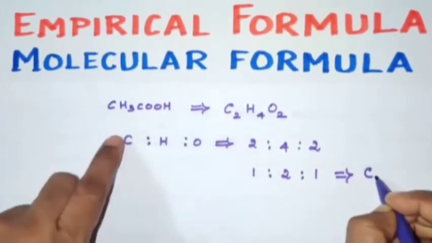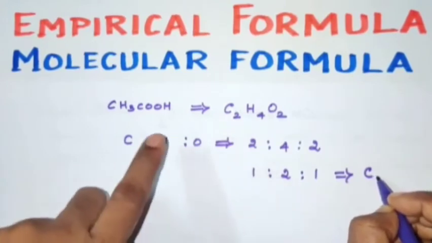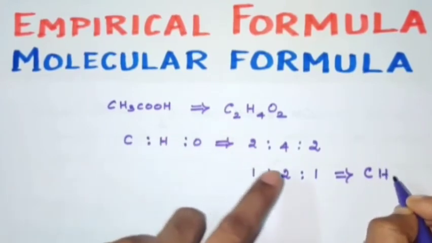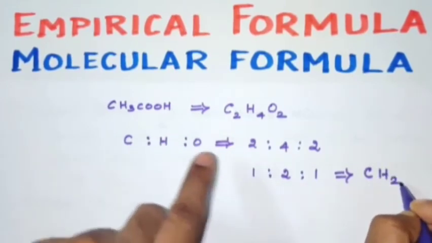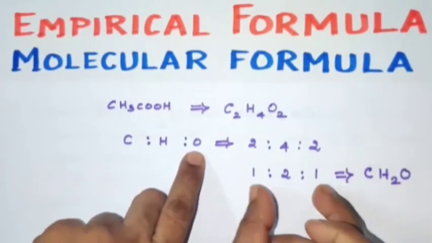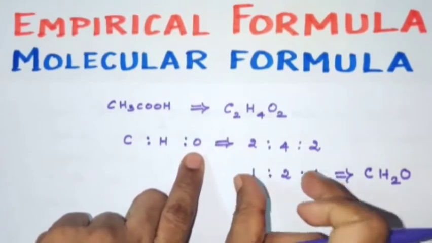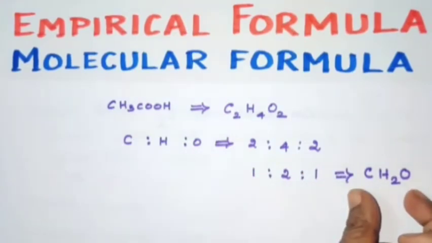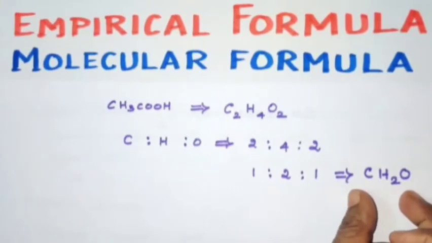First atom is carbon, so carbon amount is 1. So C. Then hydrogen amount is 2, so H2. O also 1, so O. The simplest ratio formula is CH2O. This is the empirical formula of acetic acid.